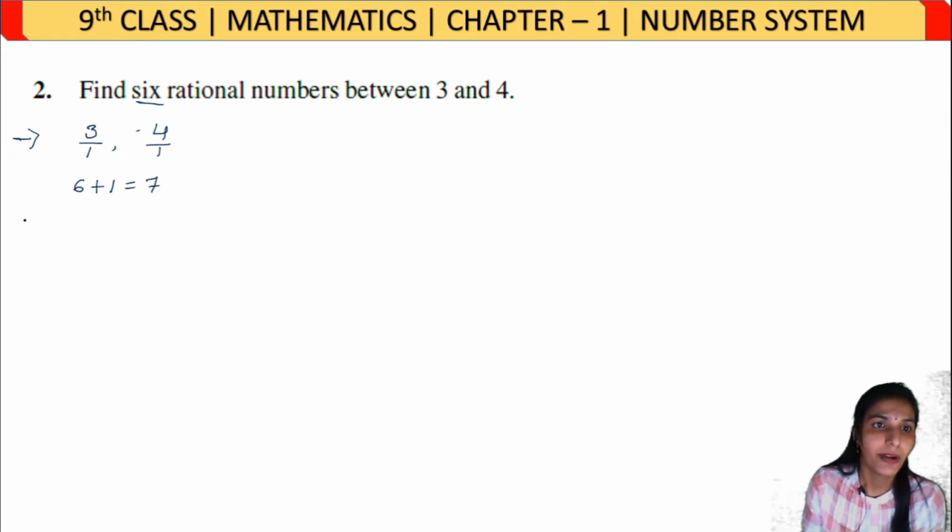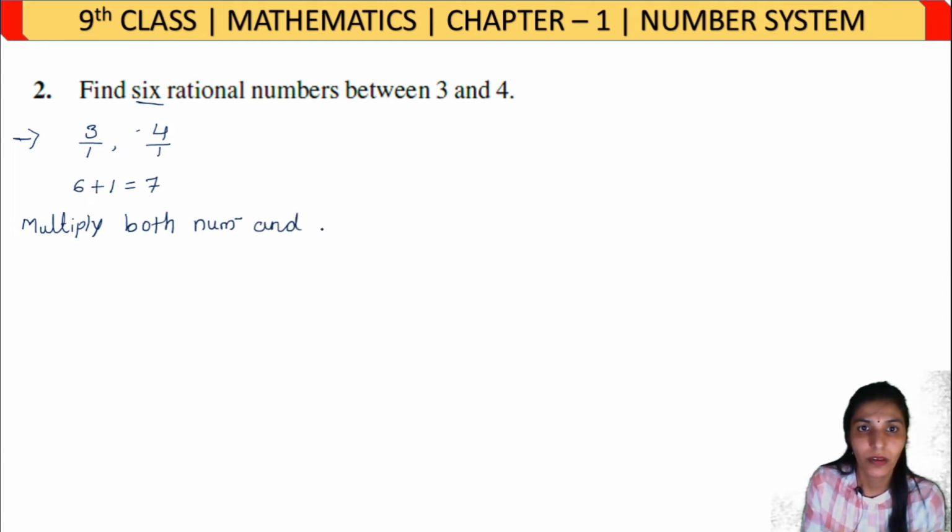Now multiply both numerator and denominator by 7. So take the number 3 by 1.